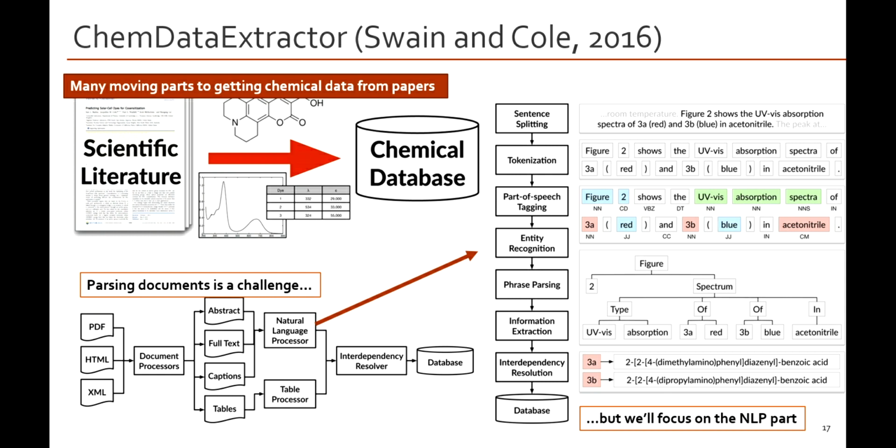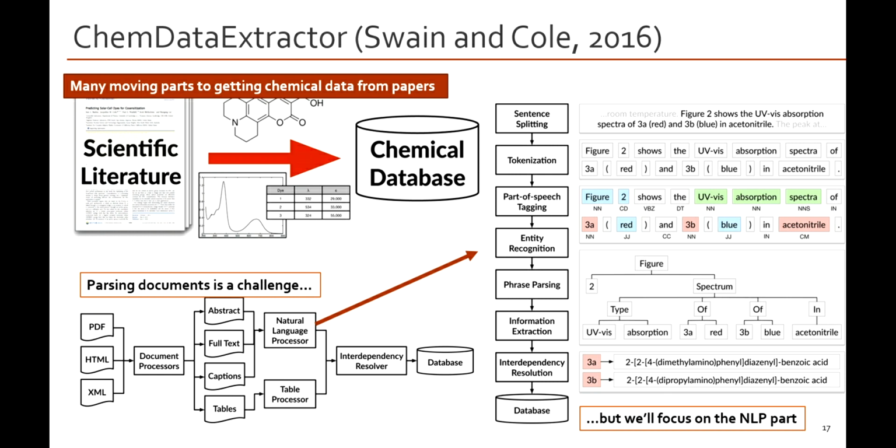This work actually solved a ton of different challenges in dealing with papers, even starting with things like, how do I take a PDF and break it into its component parts, like what part of this text corresponds to the abstract or a figure caption or a table, and then pass them to the appropriate natural language processing techniques.